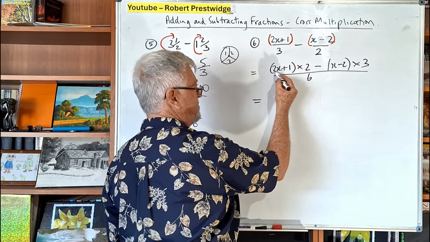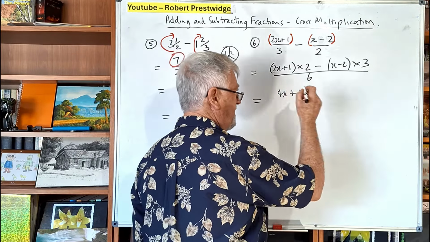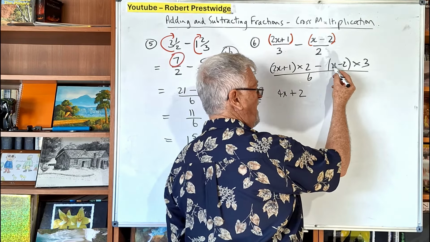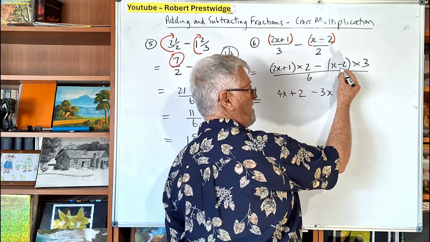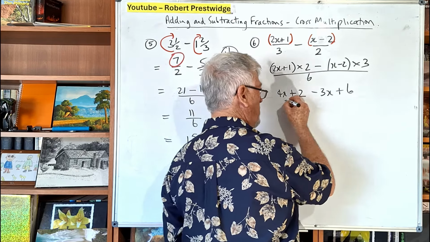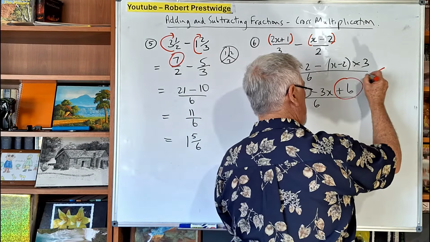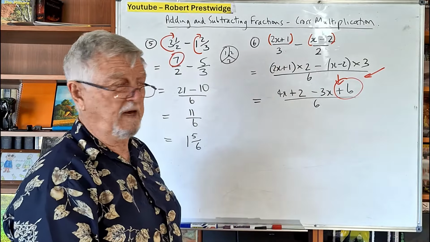So that's 2 lots of 2x is 4x, 2 lots of 1 is 2, and now here's why you have to have the brackets, because of the minuses. 3 times x is 3x with a minus. 3 times minus 2 is minus 6, with another minus becomes a plus 6. And that's where people can go wrong. If I circled that, this is where people go wrong, just there. And they'll have a subtraction where it should be an addition.